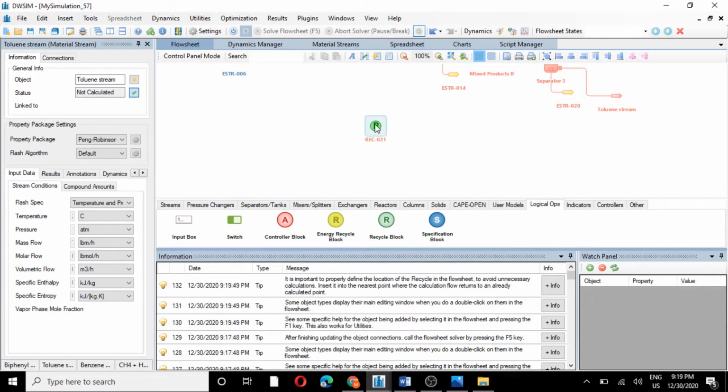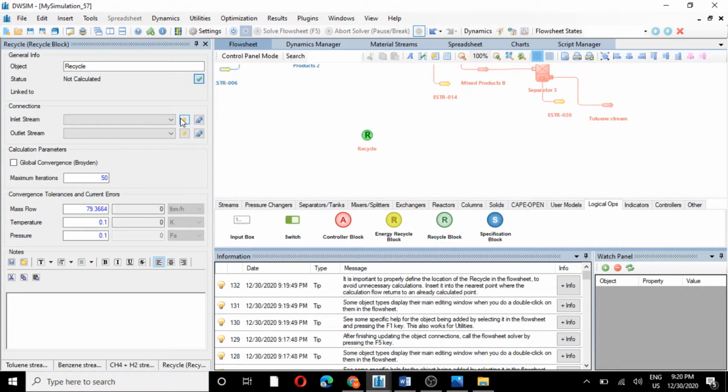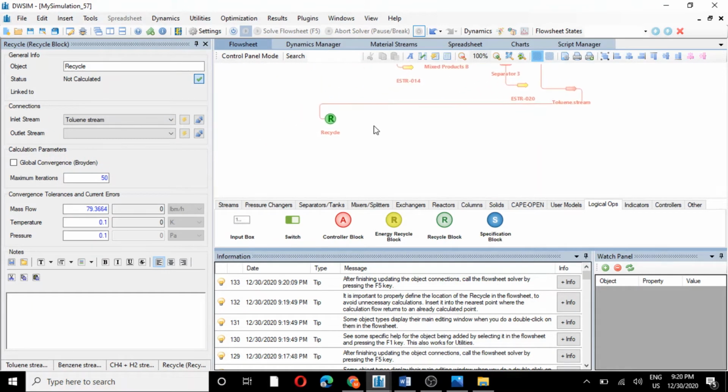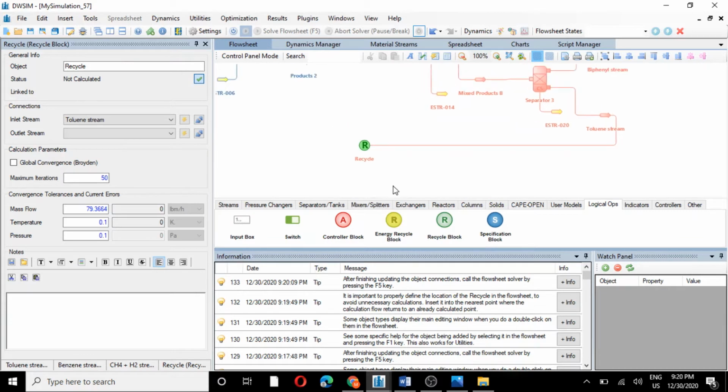Click this and call this recycle, enter, and for the inlet stream we have the toluene stream. Okay, just gonna invert this horizontally.